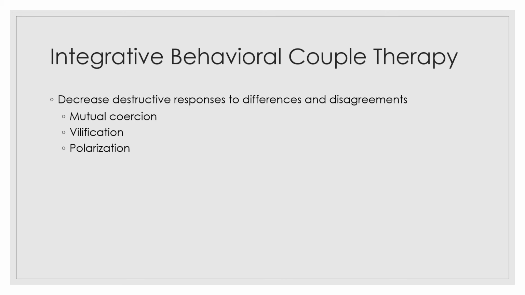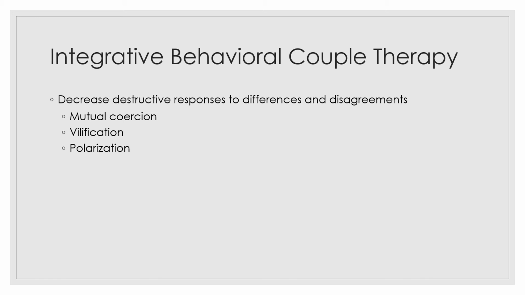The external circumstances, the external stressors play an impact as well, and then the pattern of interactions. So when we break these down, they talk a lot about decreasing those destructive responses or the differences and disagreements.